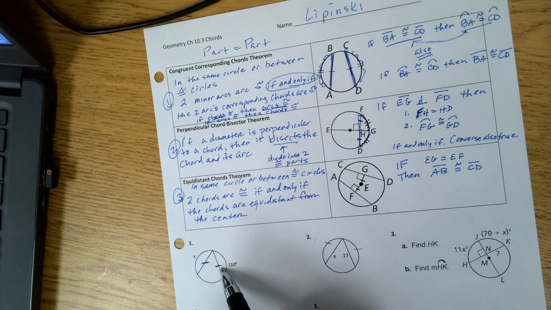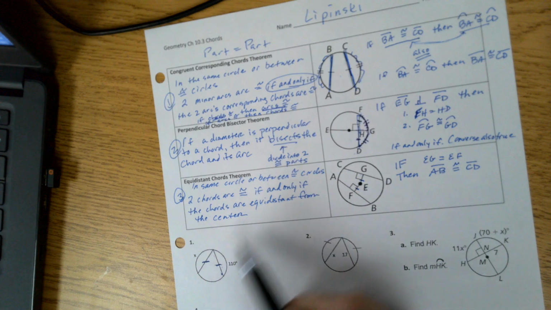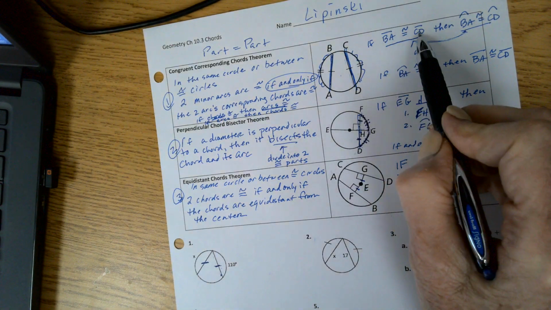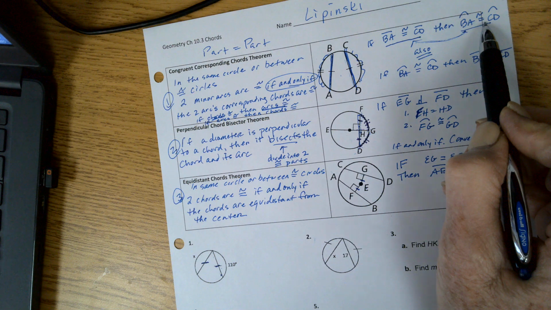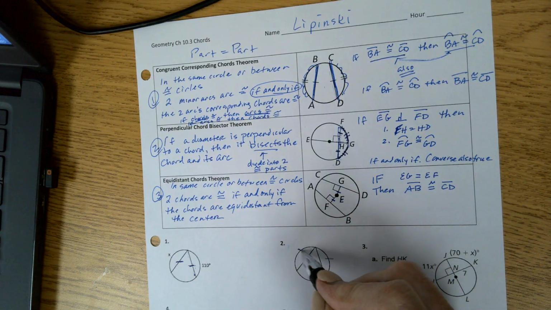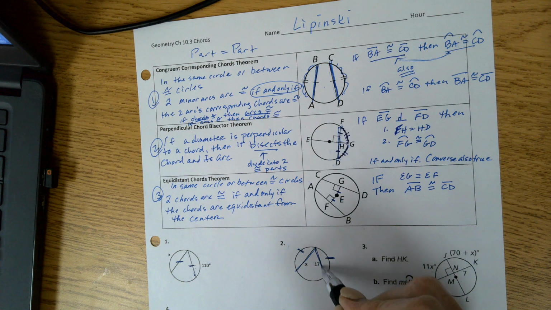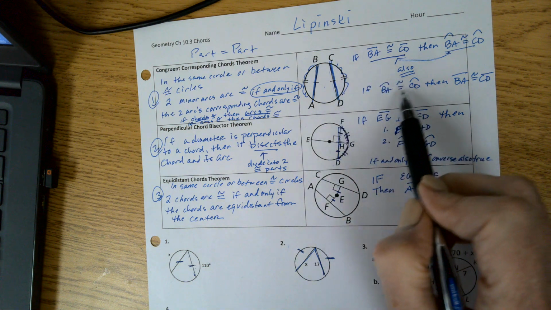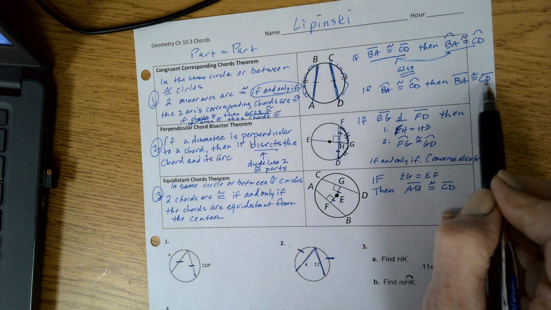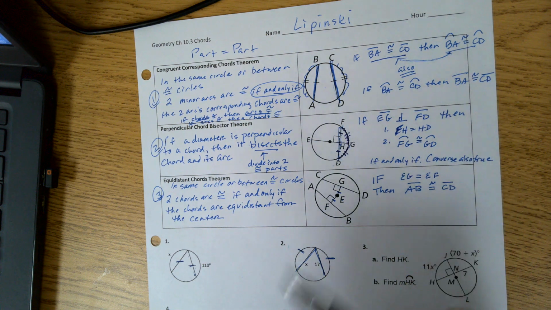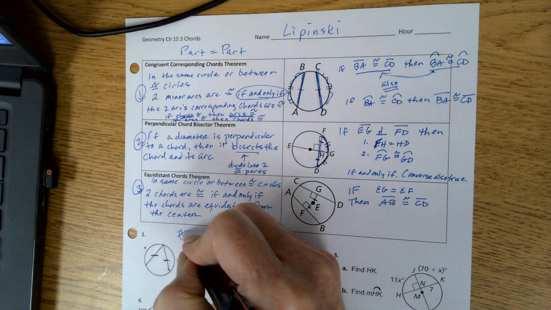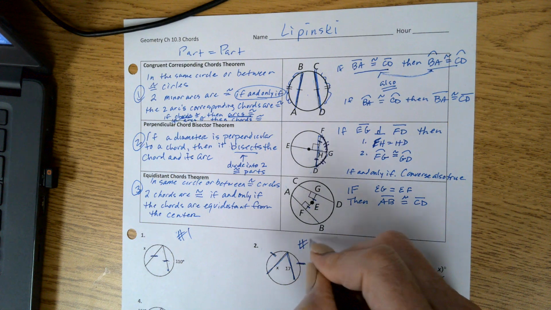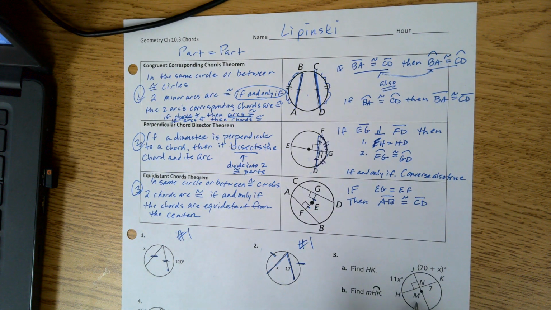If these 2 chords are equal length, then their corresponding arcs are equal. On this one, I'm telling you that the 2 arcs are equal. So what do I know about the chords? Well, if the arcs are equal, then the chords are equal. So this is number 1, right?